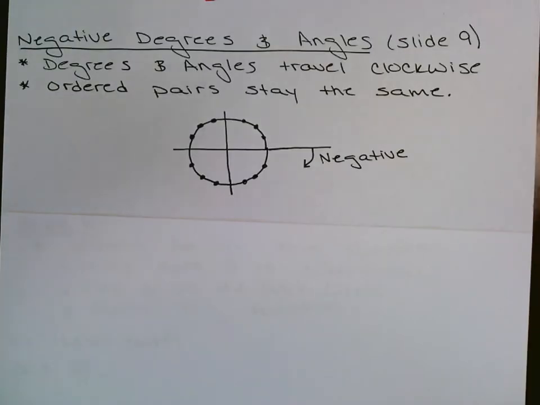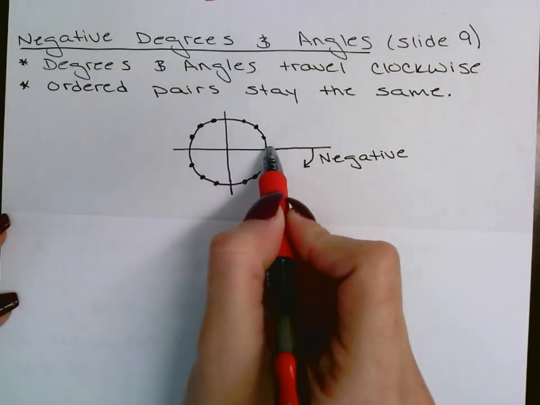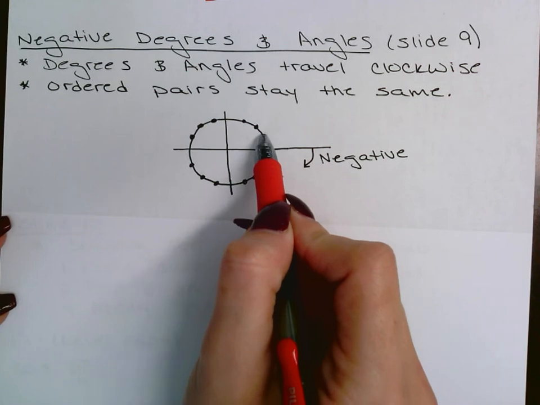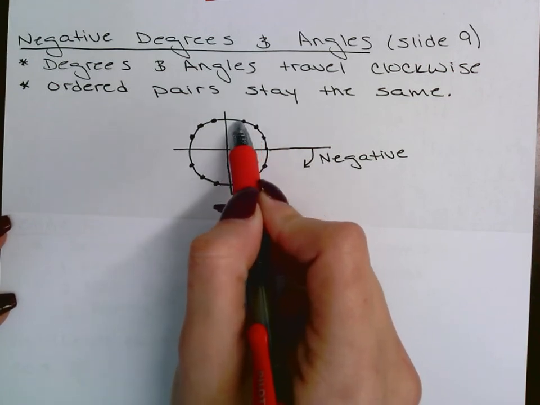All right, so the next thing we're going to look at is how angles in degrees and in radians work when you're going negative, okay? So a regular unit circle goes counterclockwise. So we know this first dot would be 30 degrees, then 45, then 60, and so on.